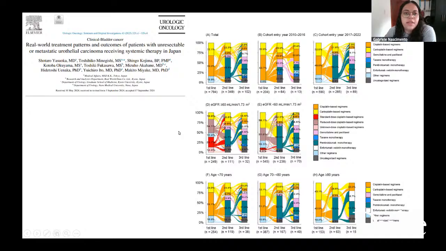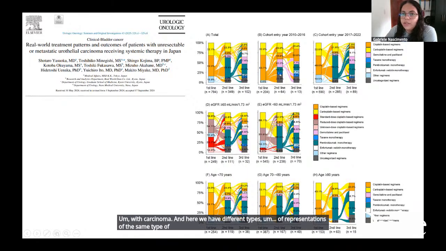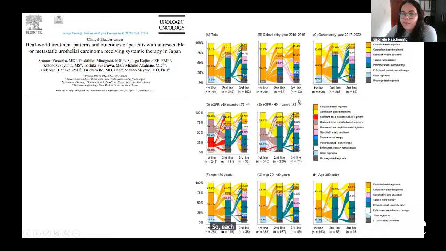And this one is for patients with carcinoma. Here we have different types of representations of the same type of diagram. Each color here represents a different type of treatment, and each diagram has a different way of showing it.